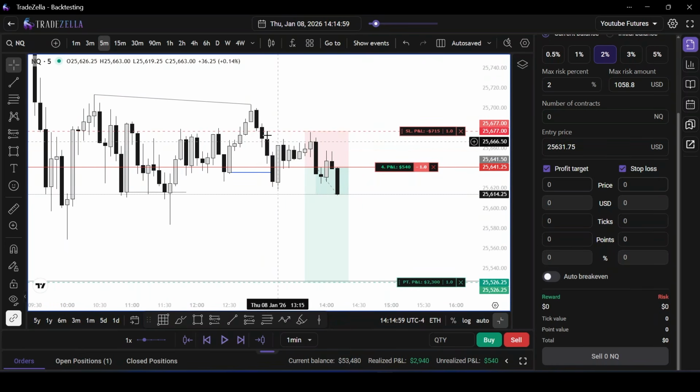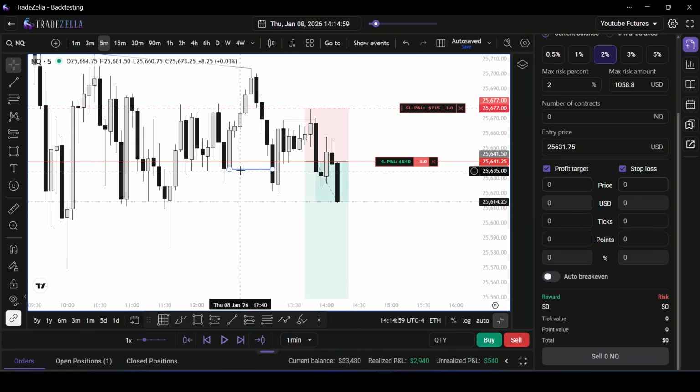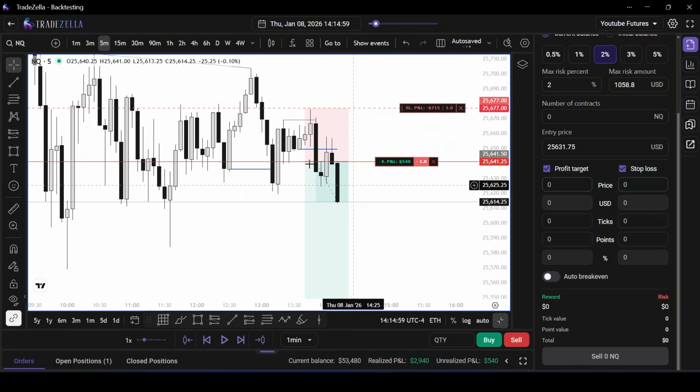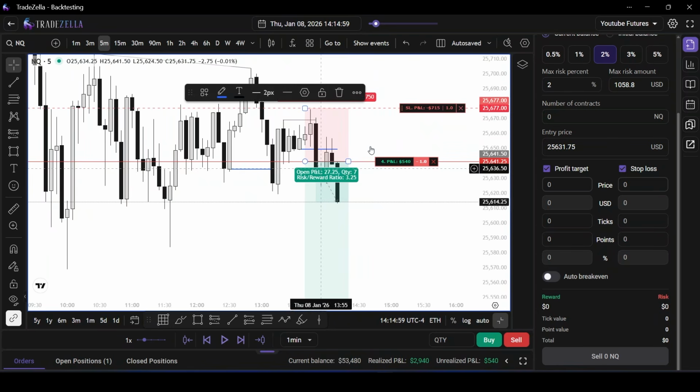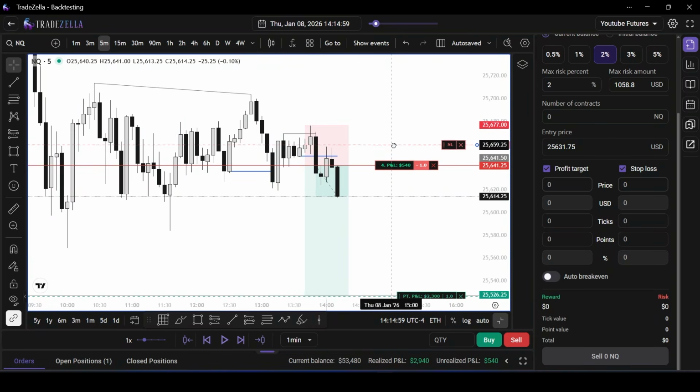Now we retrace back into this fair value gap, created this swing high. Once price manipulated that high and closed below this series of up-close candles, that's the reason why I took this trade. So now I can already move my stop to break even.